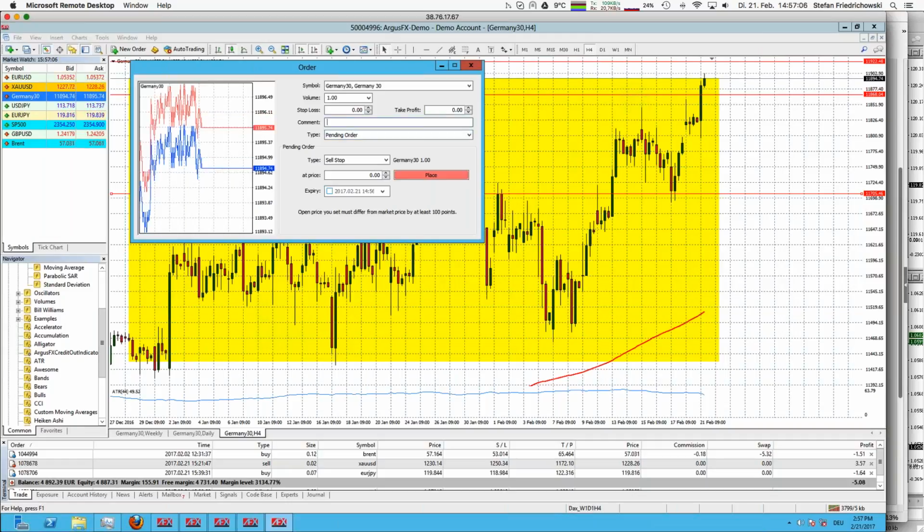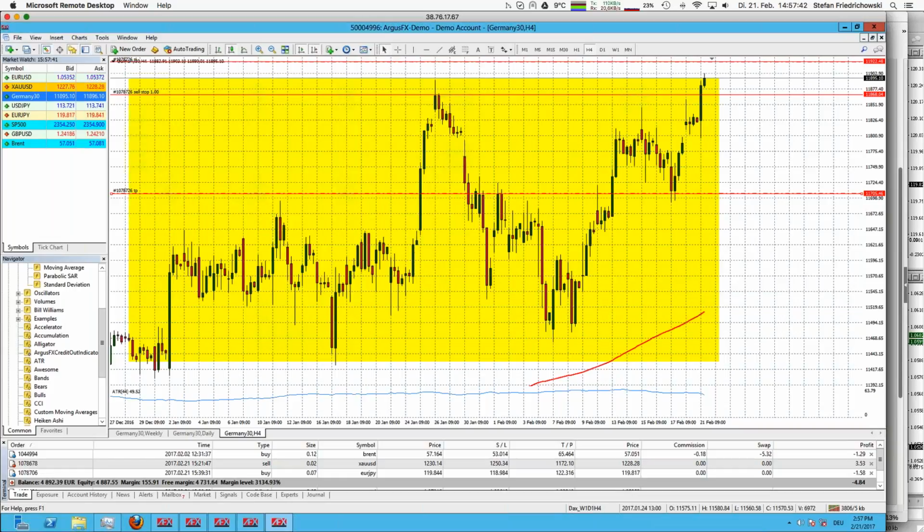So it is a counter trend trade, stop loss out of chart, and we want to enter that short trade at 11,868, and the stop loss is 11,922, and the take profit is at 11,706. So that is now a good trade, and we can place that order.